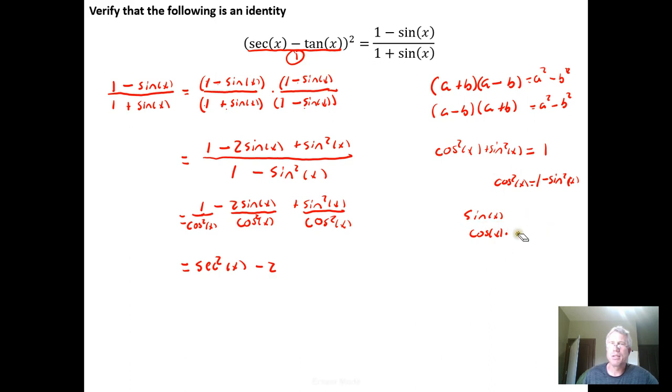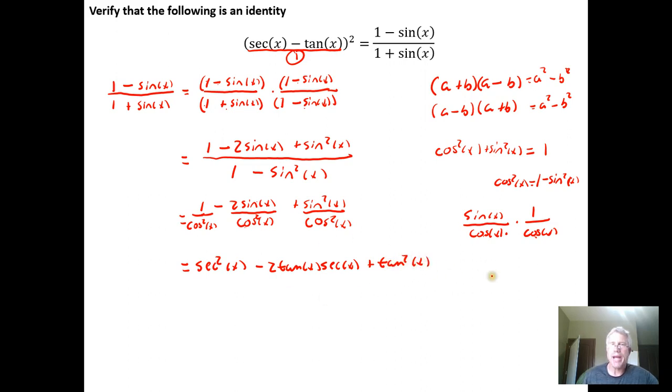If we break the cosines up into the two pieces, it's really sine over cosine times 1 over cosine of x for that cosine squared in the denominator. So we have a tangent and a secant sitting here. Sine over one of the cosines is a tangent function, and then we have 1 over a remaining cosine, which is a secant function, plus sine over cosine is tangent, so sine squared over cosine squared is tangent squared of x.